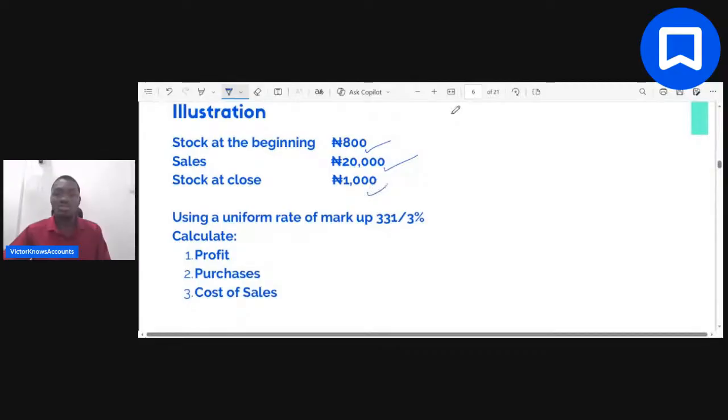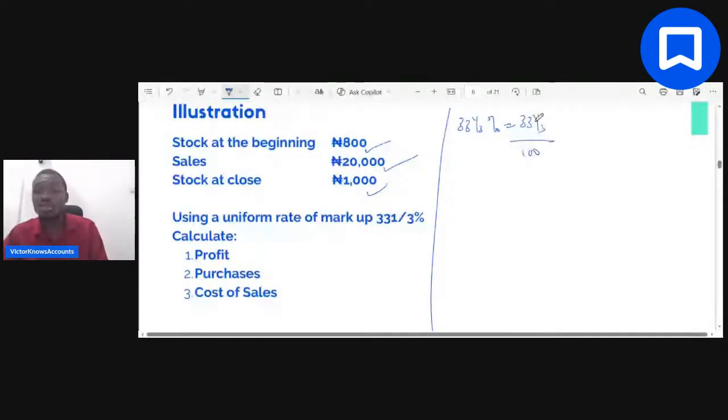Using a uniform rate of markup of 33 1/3%. Don't make this thing complex: 33 1/3% divided by 100 gives you 1/3. Do it on your calculator.